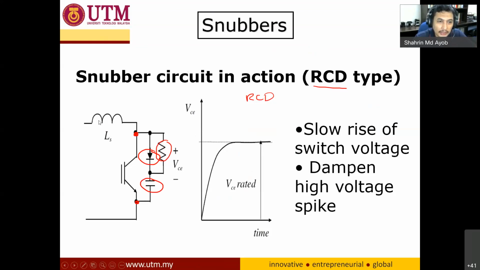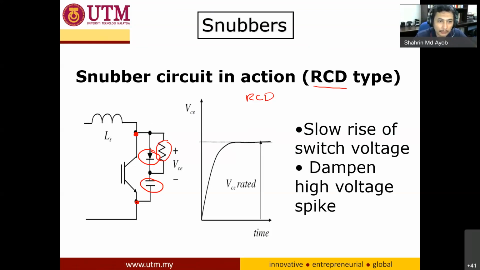Instead of releasing the energy straight to the transistor, this circuit will divert the energy from the inductor so that the voltage across the transistor has a very smooth transition. Okay, no overshoot.